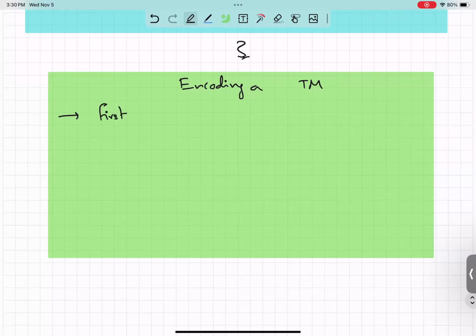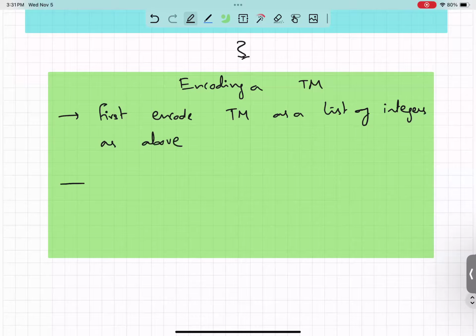First, encode the Turing machine as a list of integers as above, and then use a prefix-free encoding of integers.